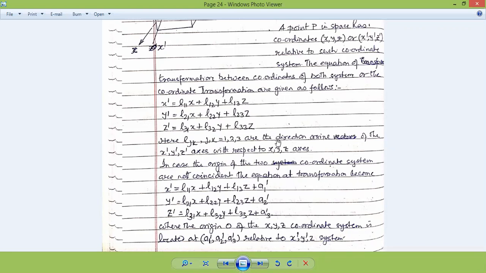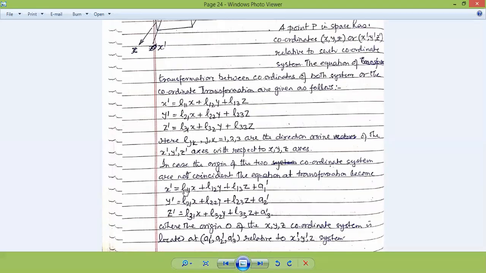In case the origins of the two coordinate systems do not coincide, the transformation equation becomes x dash equals the full equation plus a1 dash, and similarly plus a2 dash and plus a3 dash, where the origin of x dash, y dash, z dash is located at a1 dash, a2 dash, a3 dash relative to xyz.